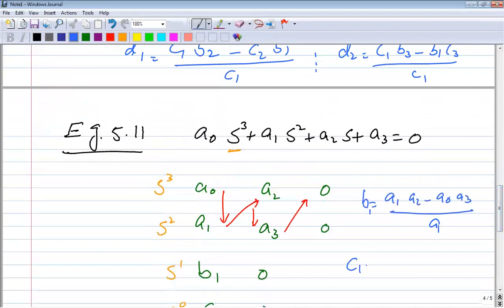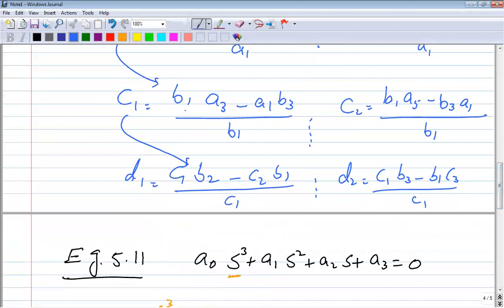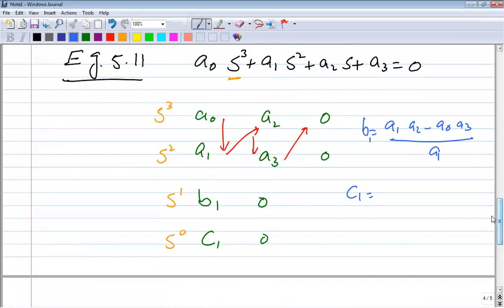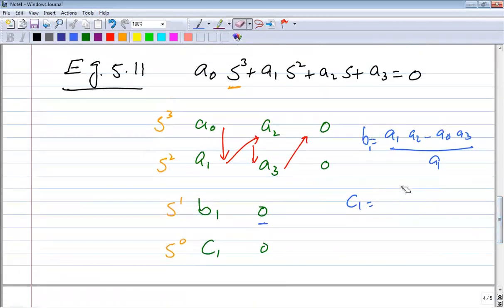And similarly c1 is equal to b1 a3 minus b3, and b3 in our case is 0. So I will place b1 a3 minus 0 divided by b1.